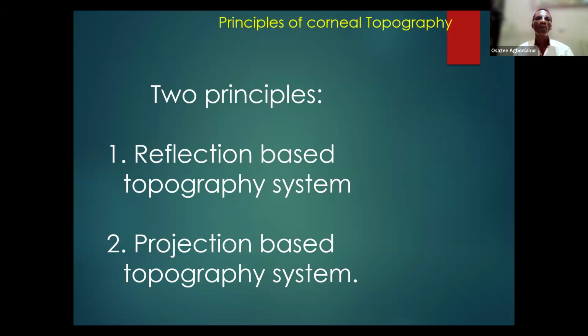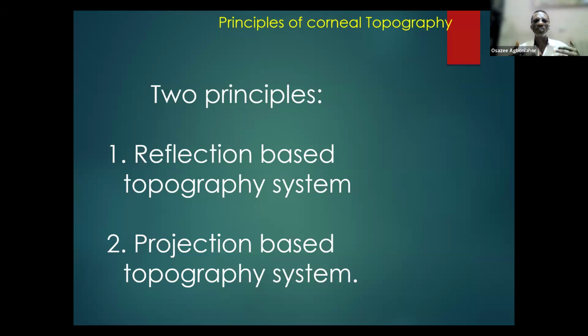So when light hits the cornea, the reflection the cornea gives helps you assess how smooth or rough it is. That's the reflection-based system.